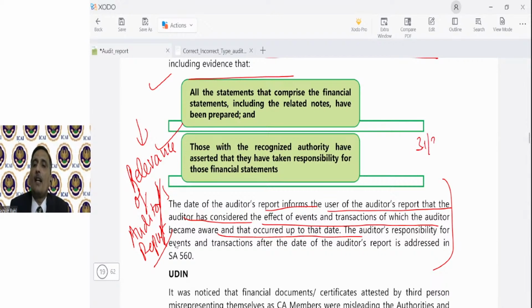Say I am auditing the financial statements of a company for the year ending 31st March 22, and the date of my audit report is 15 July 22.